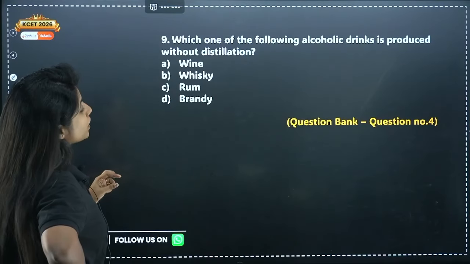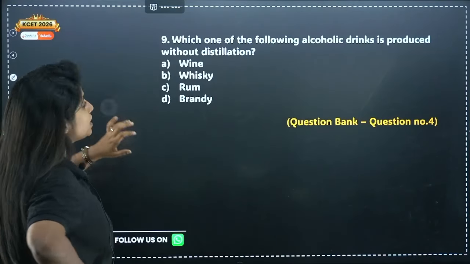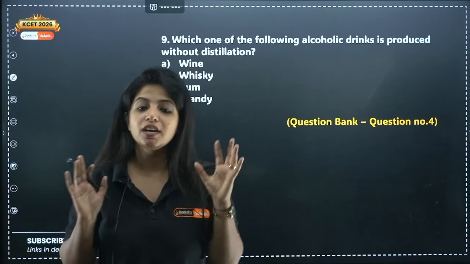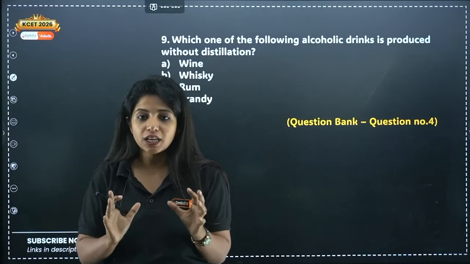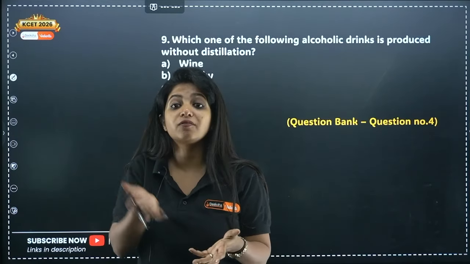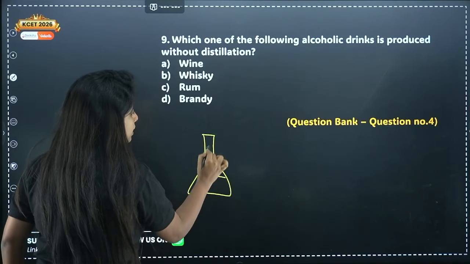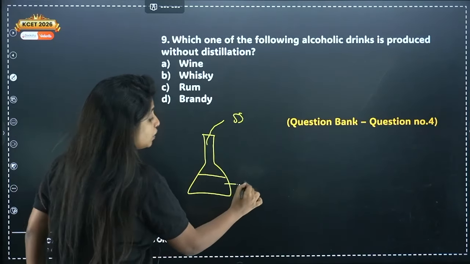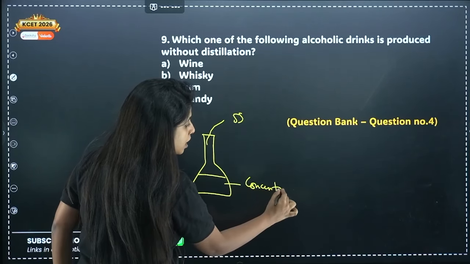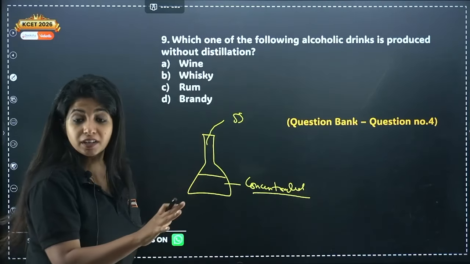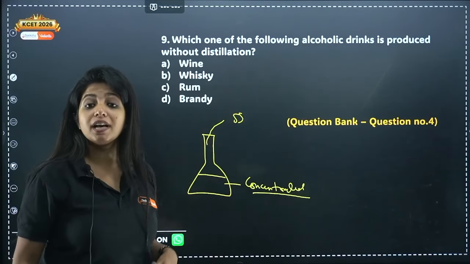Which one of the following alcoholic drinks is produced without distillation? What do you mean by distillation? Distillation means you are making sure the water is evaporated. Suppose you have a flask of something and you evaporate whatever water content is there. Whatever is left behind will be concentrated, because the water has gone away. It's not diluted now, it's concentrated. This process is known as distillation.